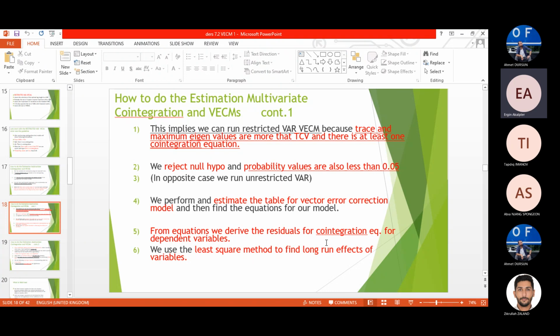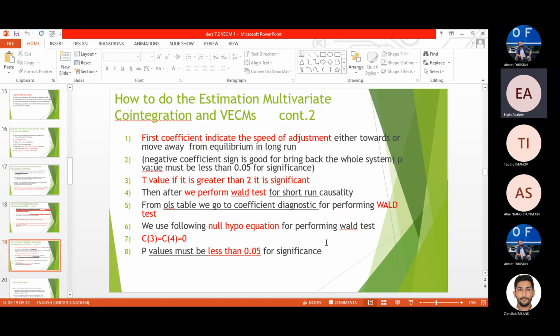We perform and estimate the table for the vector error correction model, and then find the equations for our model. From these equations, we derive the residuals for the co-integration equation for the dependent variables. We use the least squares method to find the long-run effects on variables. The first coefficient of this least squares table indicates the speed of adjustment, either towards or away from the equilibrium in the long run.